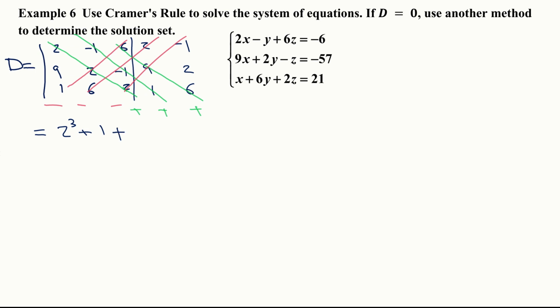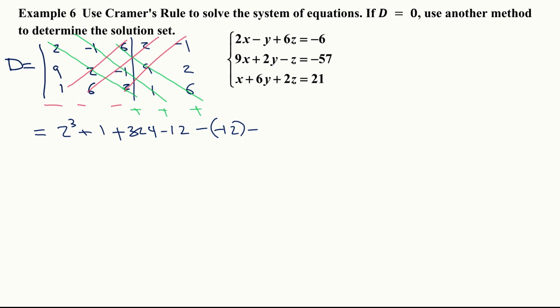So plus 324. All right. So now we're ready for the negative products. So 6 times 2 times 1, that's minus 12. 6 times 2 times negative 1, so minus quantity negative 12.